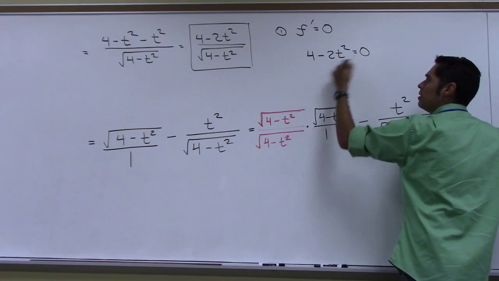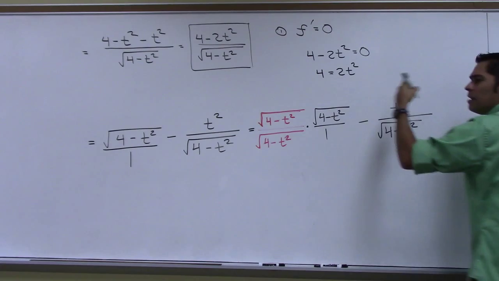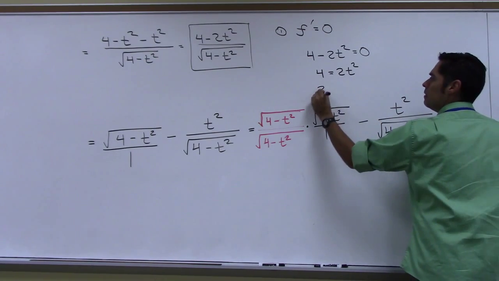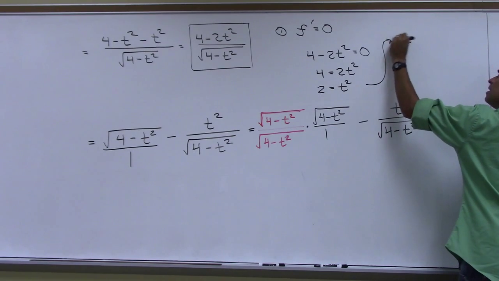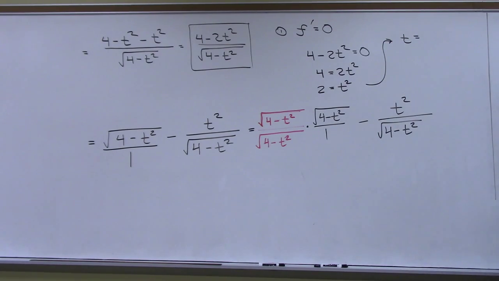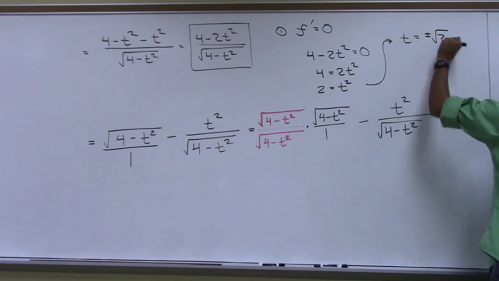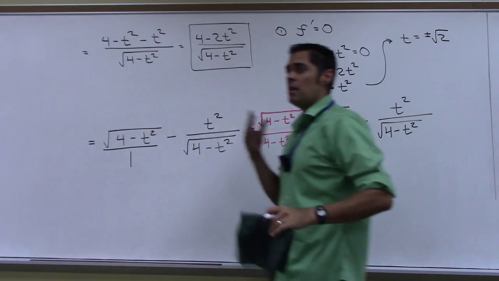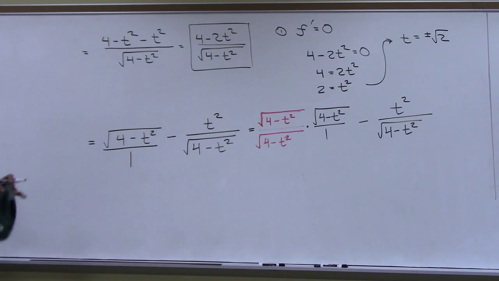I would probably move the 2t squared to the other side, to the right, and then I'd divide both sides by 2. And then I would take the square root, which would give me t is equal to what? Plus or minus root 2. So far, I have 2 critical numbers, unless they don't live in my interval. I have to check my interval, but I'll do that at the end, all right?